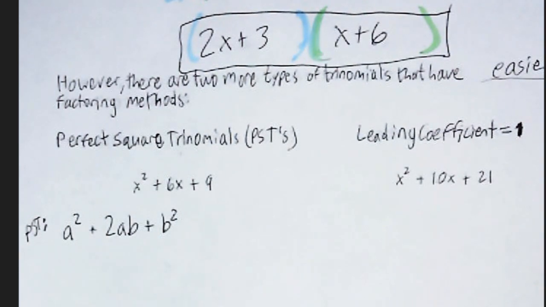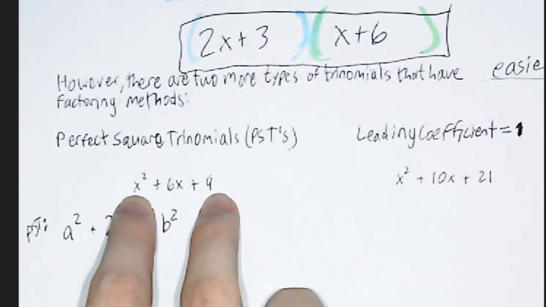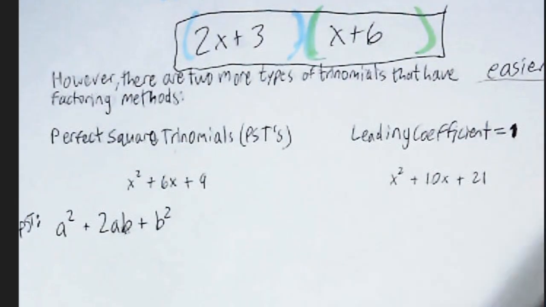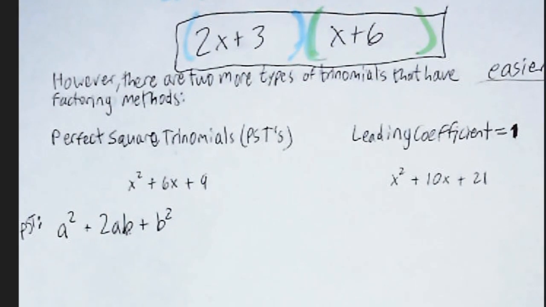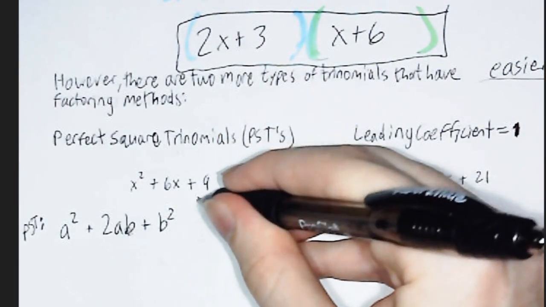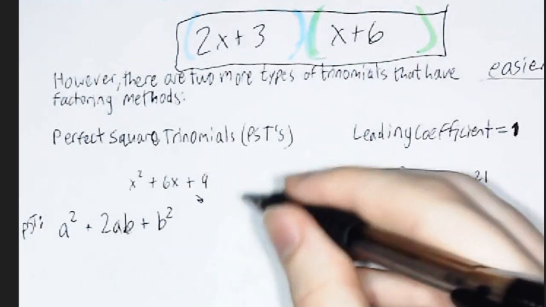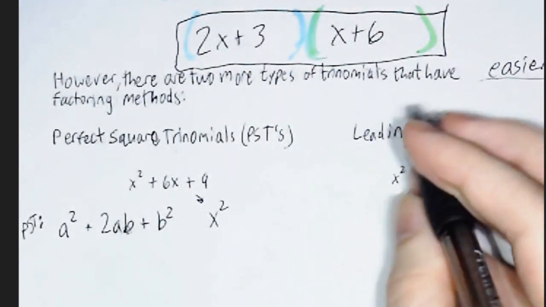Now in this case, our two perfect squares on the outside are x squared and 9. So A and B are going to be x and 3. So in other words, we can rewrite this like this. Think about it. X squared is x squared, right?